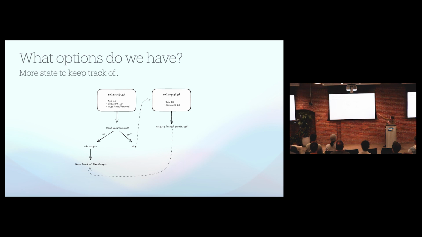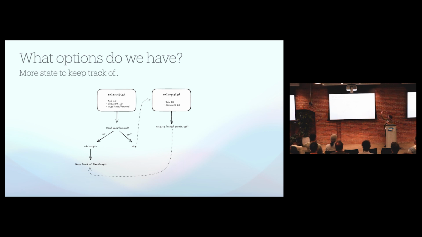So during this on-committed flow, in the normal flow, what happens is if we don't see that back forward flag in the event object that we receive, we just add the scripts and life goes on like normal, like we were doing before. But now when we see that, we can actually say, okay, we don't have enough information yet to answer the question of whether that document is frozen.